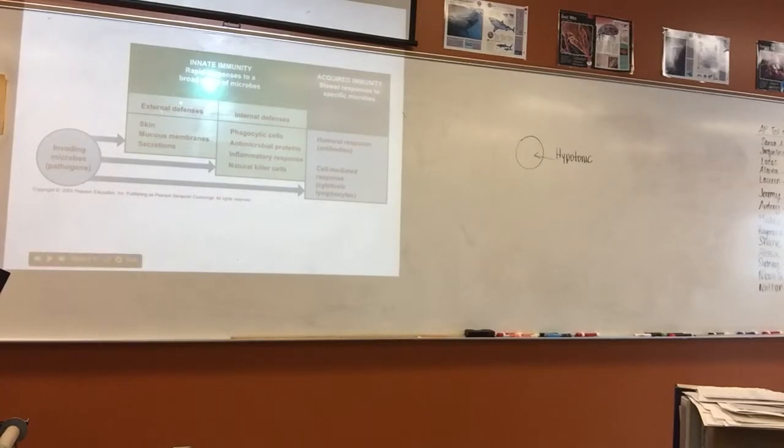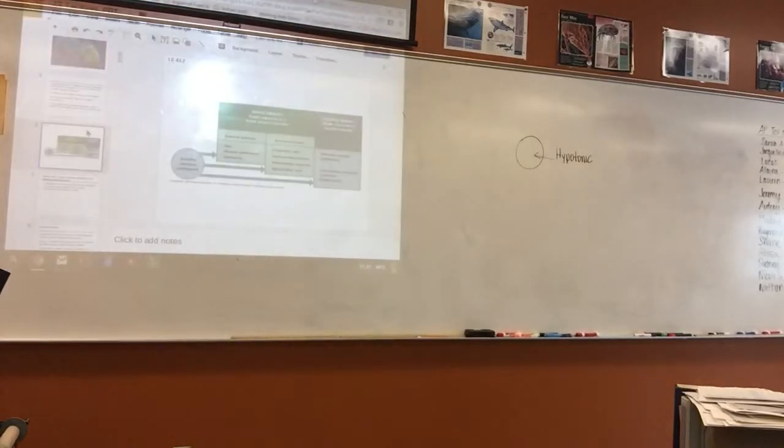So what this is saying is that we have some relatedness with invertebrates in immunity, in that we have similar innate immunities, but we additionally have acquired immunity. All right, so that's what that slide was saying.